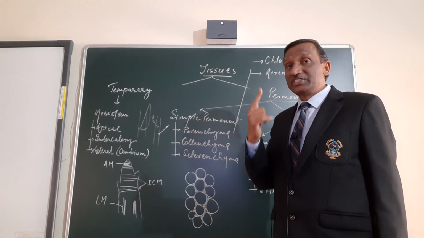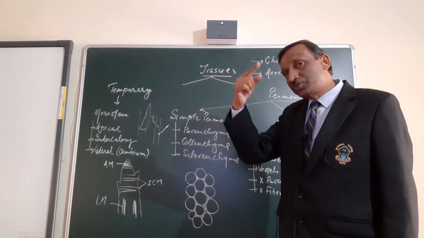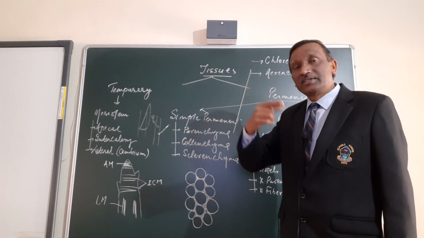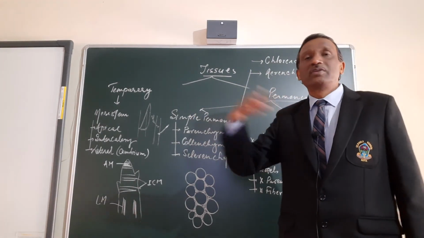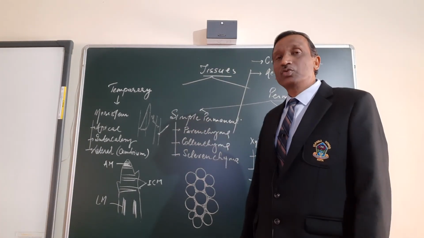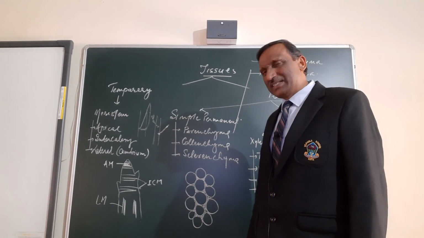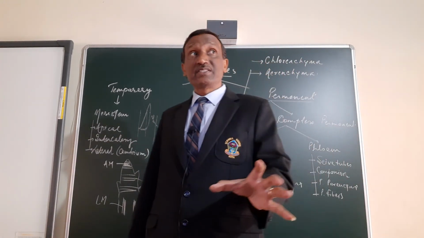The petiole in the leaf, the stalk which is connecting the leaf to the stem, has collenchyma. Whenever a breeze is flowing, this petiole moves, but again it comes back to its original place. So there is flexibility with strength; though it is flexible, it is strong.